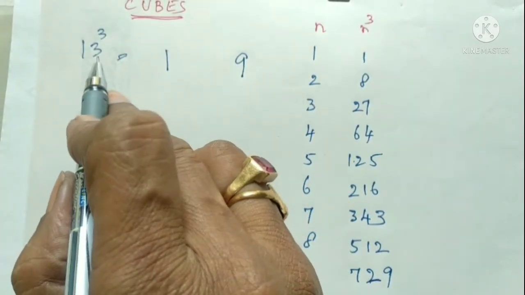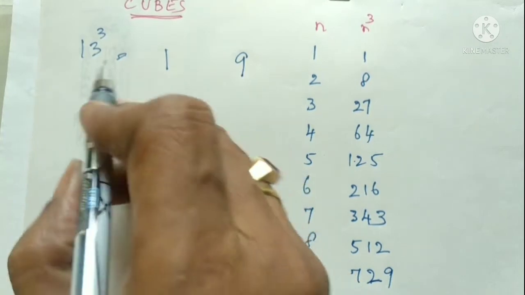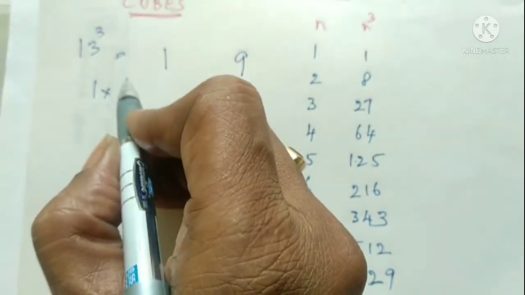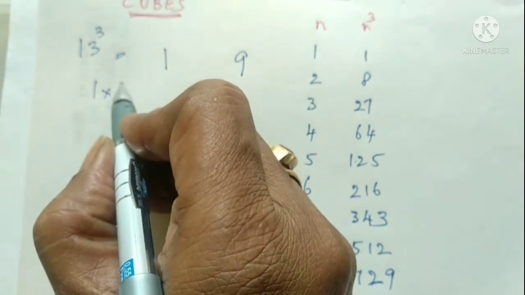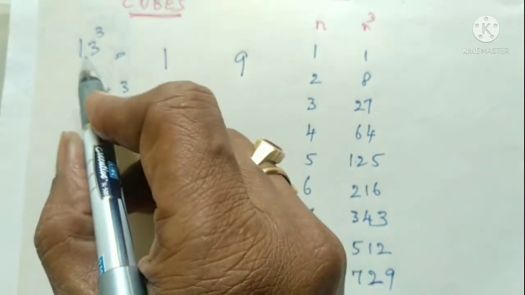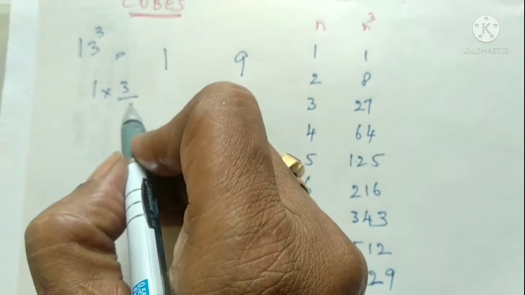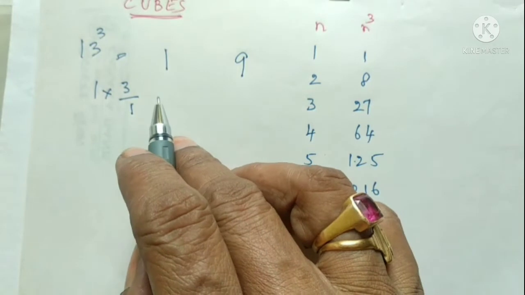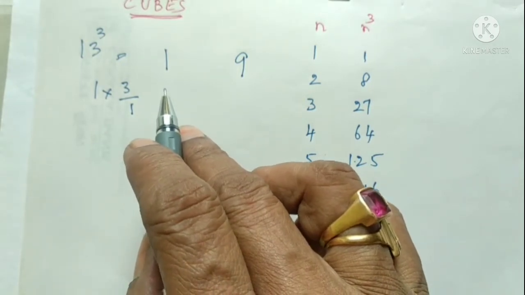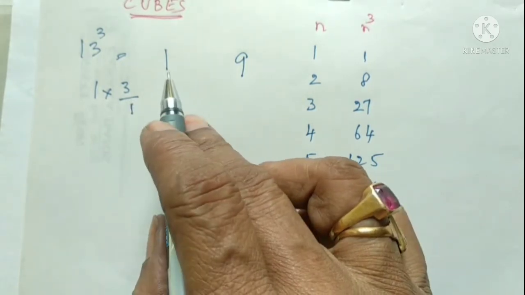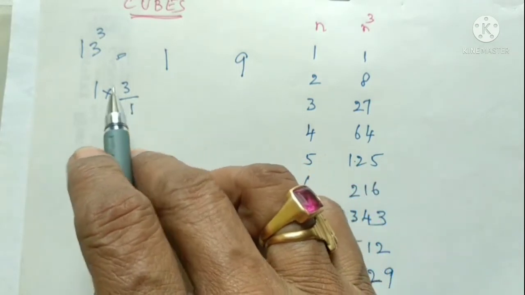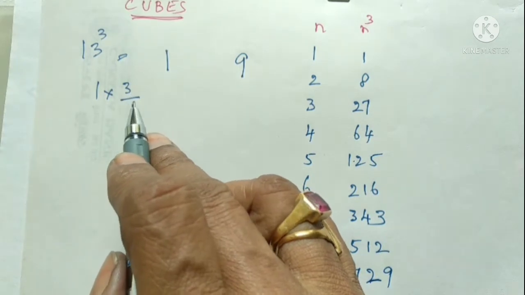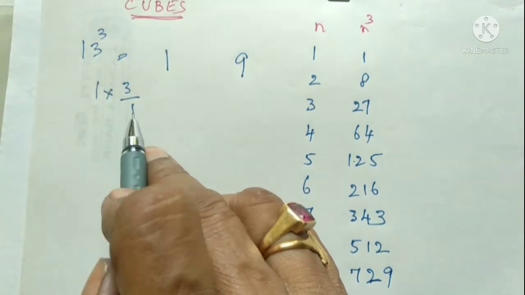Now, observe this: 1 multiplied by the digit in the units place divided by the digit in the tens place. Again I repeat, this is the general rule for finding the cube of any number. The first number multiplied by the number in the units place divided by the number in the tens place.